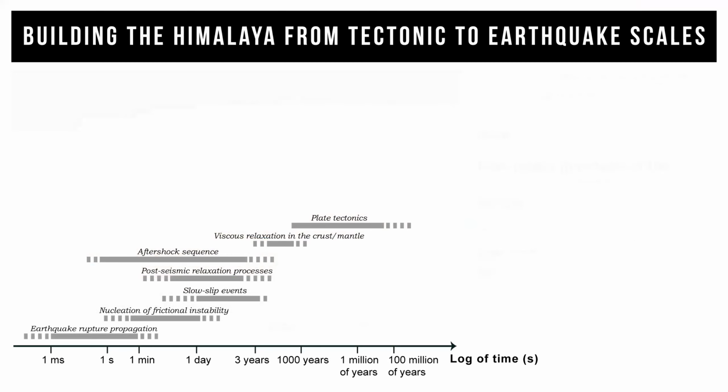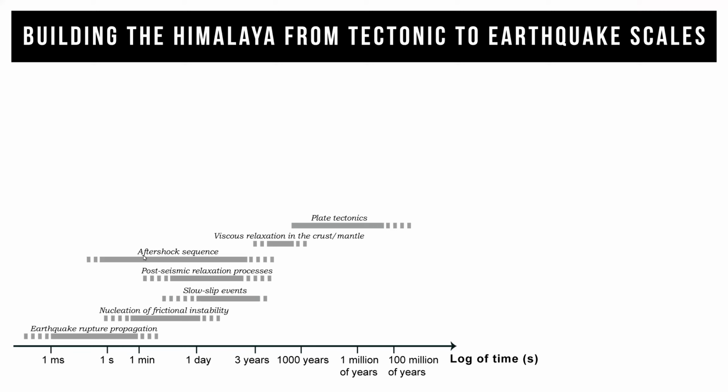So when we think about the building of the Himalaya and look at the scales of this problem, here you can see an example of the time scales that are involved in this process. The propagation of an earthquake can generate a rupture that occurs within a few seconds, and we can have the nucleation process of an earthquake and other processes such as foreshocks, aftershocks, and post-seismic relaxation or afterslip after an event, which can occur over longer timescales.